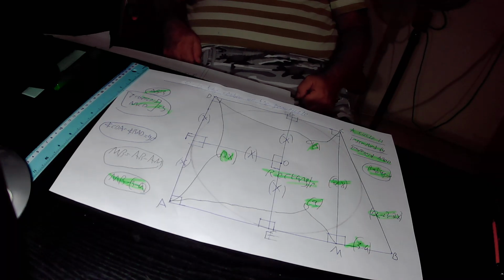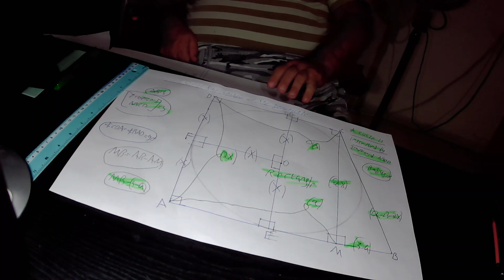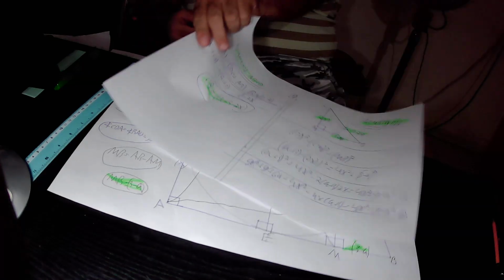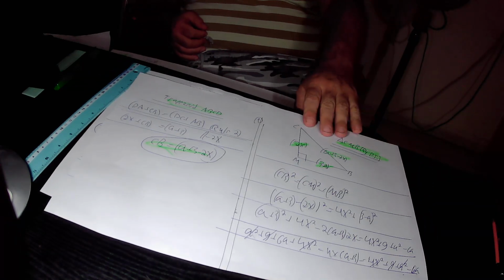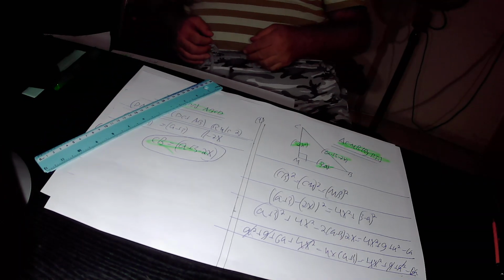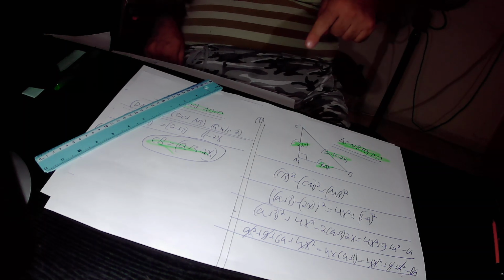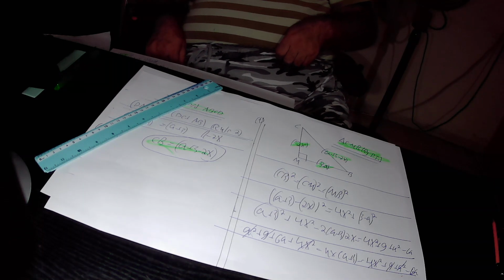According to the Pythagoras theorem, in any right triangle, the square of the hypotenuse equals the sum of the squares of the perpendicular sides. So this is the right triangle CMB. According to the Pythagoras theorem, CB squared, the square of the hypotenuse, equals CM squared plus MB squared.